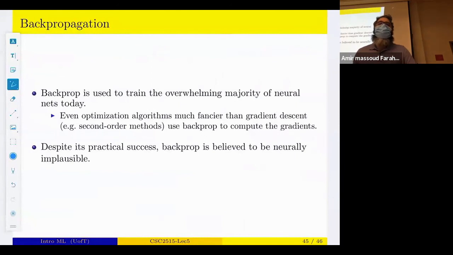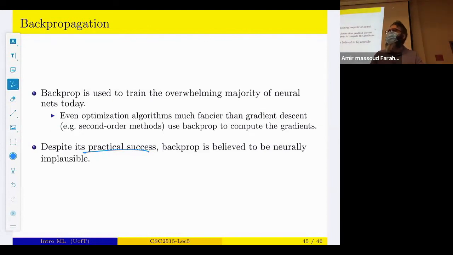Okay, so the backpropagation algorithm is used to train most of the neural networks that people use today. There have been some other algorithms for training neural networks, but they were not as successful for multi-layer networks. It is used in essentially most neural network implementations. One issue with it is that even though it's practically successful, it is not believed to be biologically plausible.